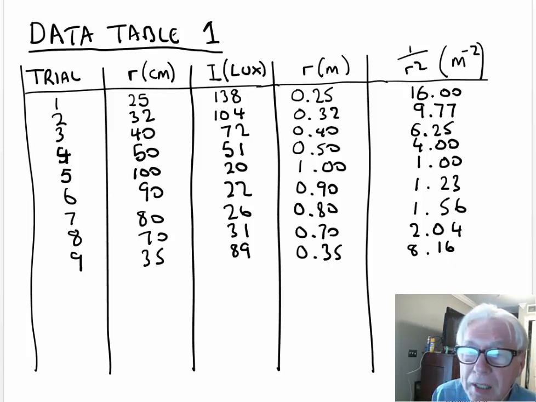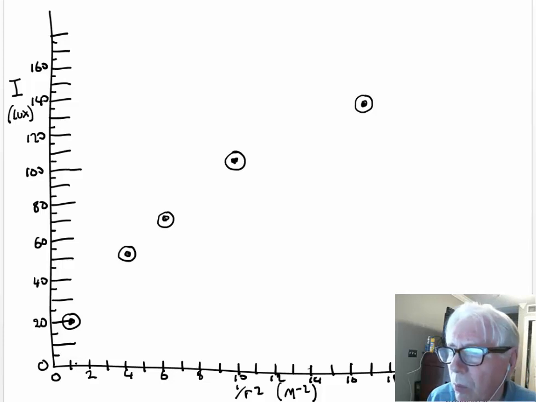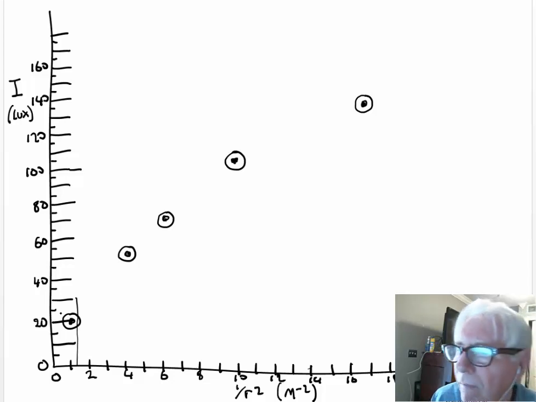So now I go back to my graph and I'm looking at these. So I just did that 100. I have 1.23 versus 22.